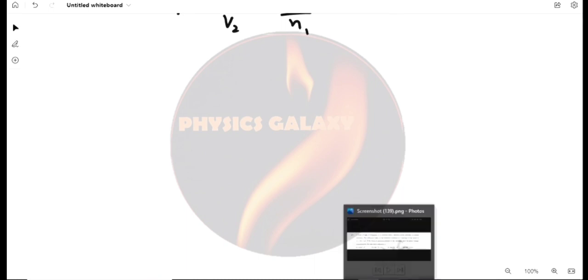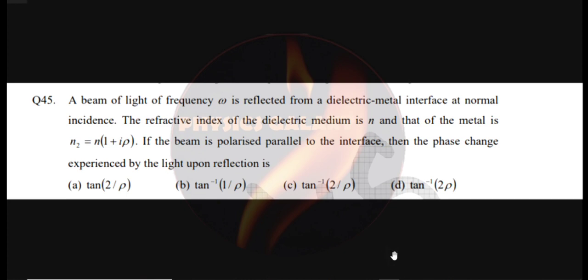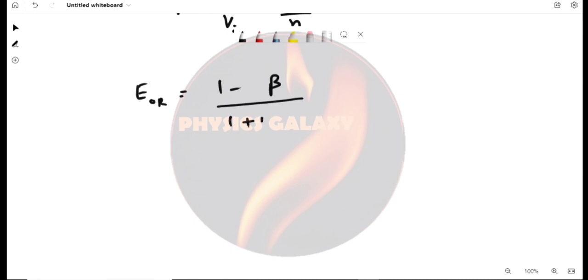Basically the phase change, right? So we'll go to this equation: E naught R equals 1 minus beta divided by 1 plus beta times E naught incident.